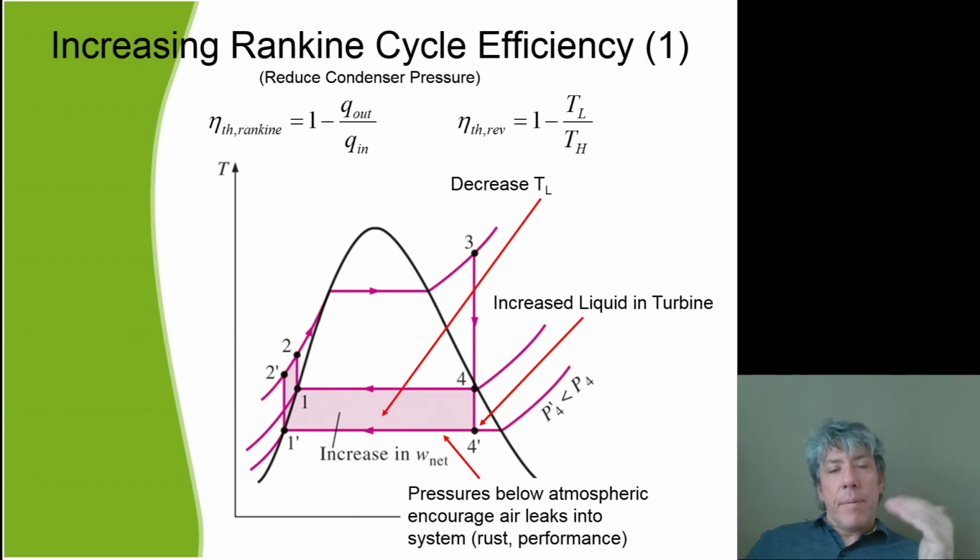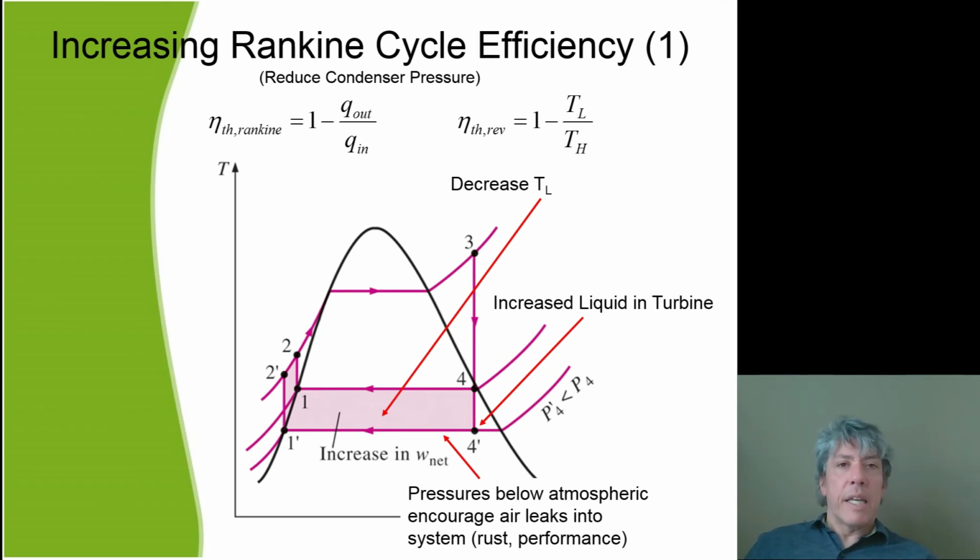So there's a limit to how low the condenser pressure can go because of the danger of oxygen working its way into this liquid. Now, while this liquid is valuable, the process itself and all the devices are more valuable. So if we develop a leak, what we'd like to have happen is have the liquid leak out.